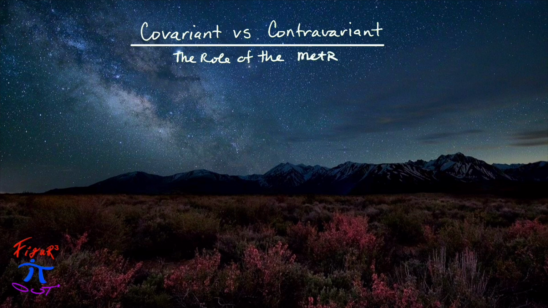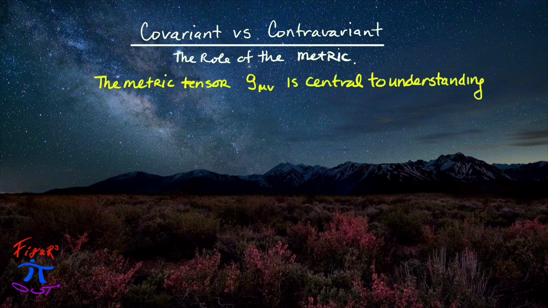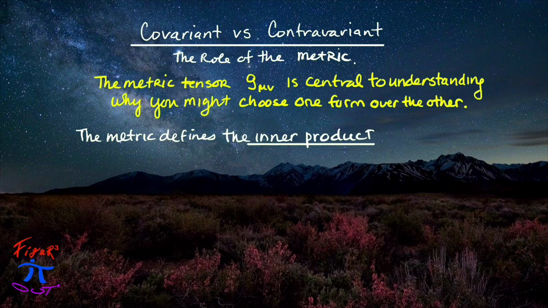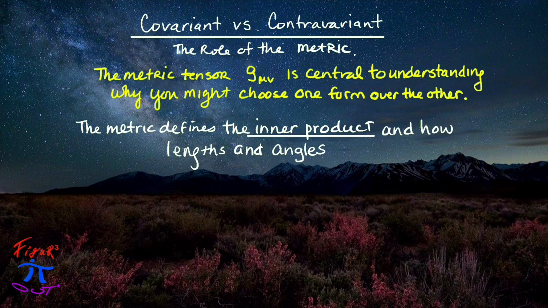Covariant versus contravariant. What is the role of the metric between the two? The metric tensor, G mu nu, is central to understanding why you might choose one form over the other. The metric defines the inner product and how lengths and angles are measured in a given space.